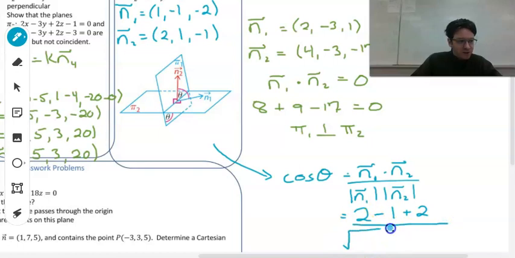We're going to take the square root of, for N1, 1 squared plus -1 squared plus -2 squared. Right? So that's 1 plus 1 plus 4, which gives us the square root of 6. And same for this one, 2 squared is 4, 1 squared is 1, -1 squared is 1, so again, square root of 6.